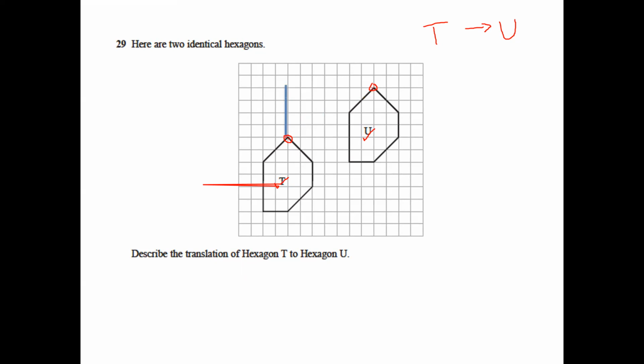First, we have to go 1, 2, 3, 4 squares up. Then we have to go 1, 2, 3, 4, 5, 6, 7 squares right. So the translation is 4 squares up and 7 squares right, from T to U.